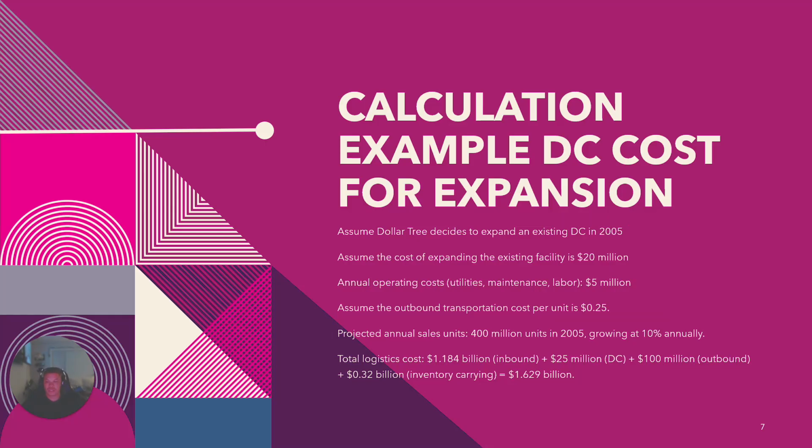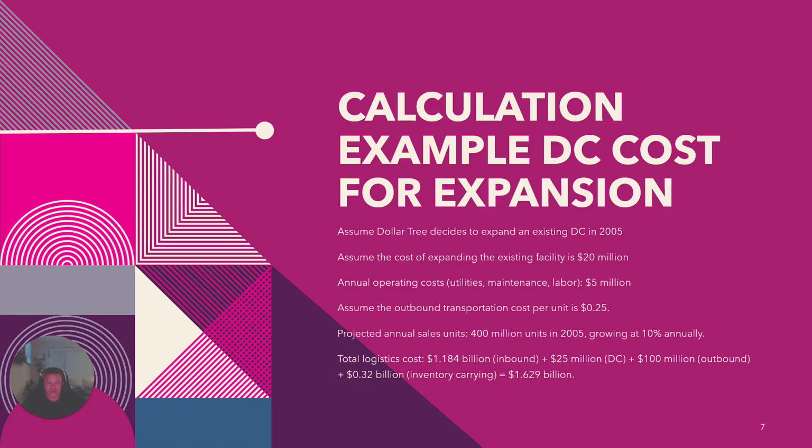So the calculation is listed here on the screen, with examples for how they would expand. I picked 20 million, assuming they started in 2005 from the data. You would take the annual operating costs, and you would assume the outbound transportation costs, let's say, is 0.25, and then we'd assume the annual facility costs.